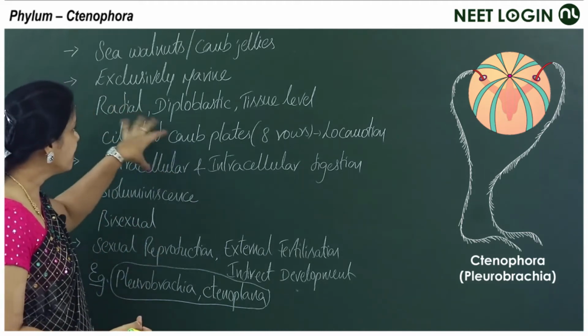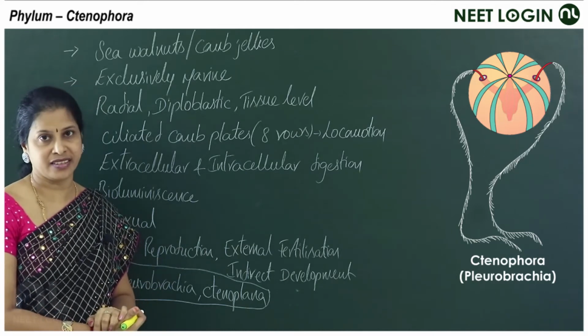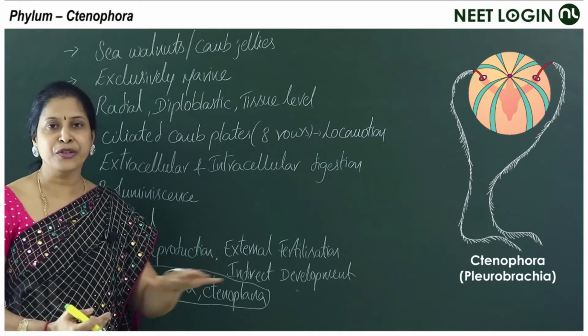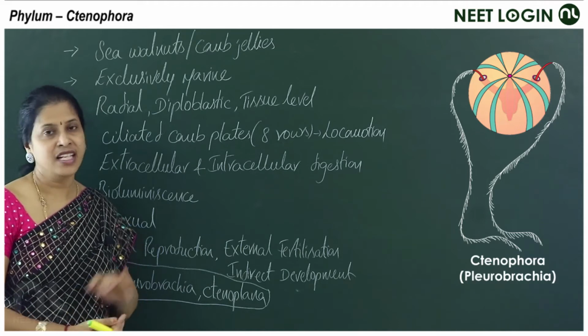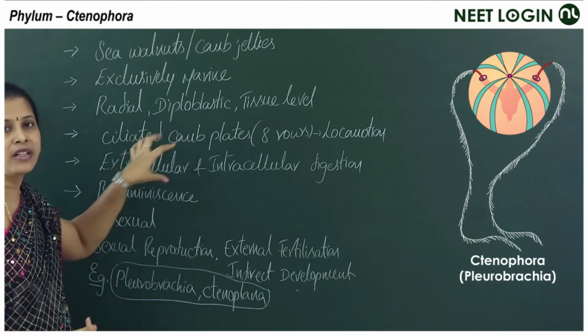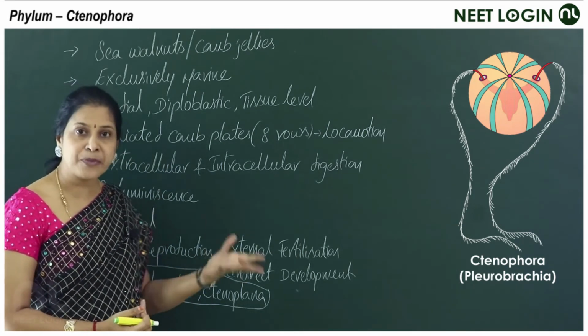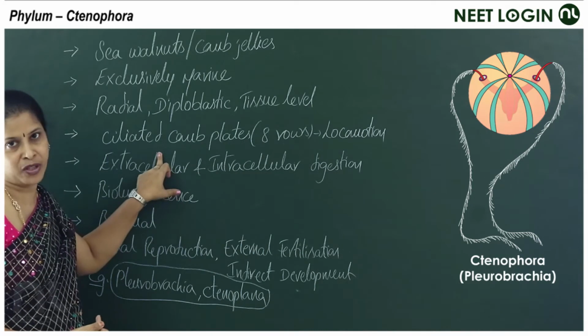And where does it differ from the Cnidarians? Cnidarians have cnidoblasts or cnidocyte cells, but these don't have those cells. Cnidoblasts or cnidocyte cells are absent in the members of Ctenophora.